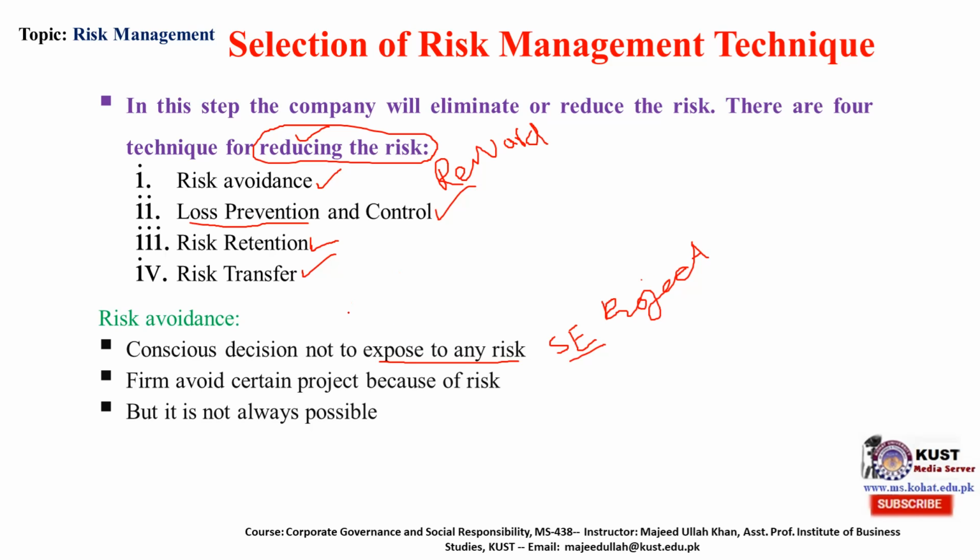This is risk avoidance: a firm avoiding a certain project because of risk. If these projects carry high risk but also a reward, the firm must take these projects in order to earn profit. Otherwise, the purpose of the existence of the firm will not be served.